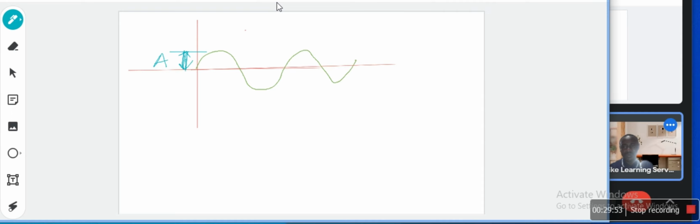Now, to make a full cycle, it's like completing a circle. You move like this and then back to here. So here is a full cycle, which is 360 degrees. From here to here is 360 degrees. The half of it is 180. In between will be 90, and here is 270.